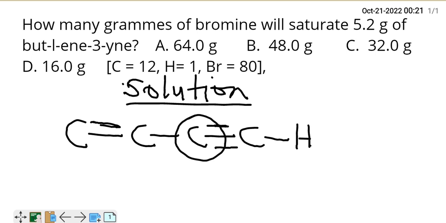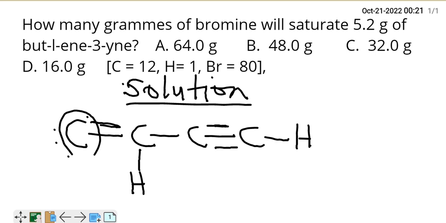Around this carbon atom, the bonds surrounding it are already 4. So we can't add any more hydrogen atoms there. Around this carbon atom, the bonds you are seeing around it is 3. So one more bond will make it 4. So we add a hydrogen atom there. Around this carbon atom, there are only 2 bonds we are seeing there.